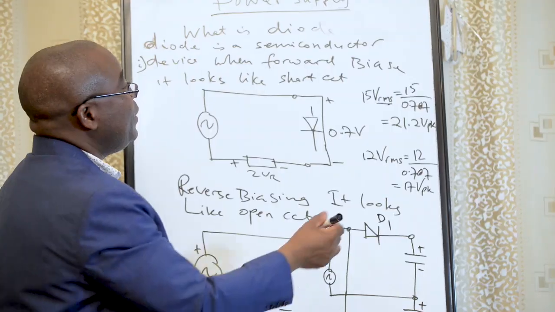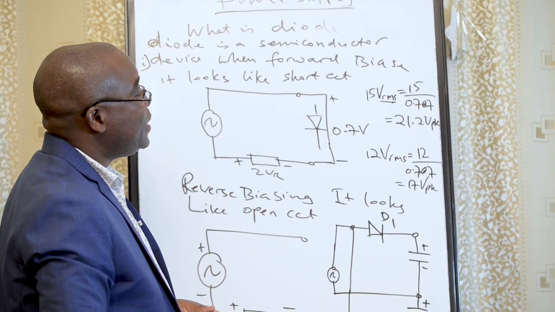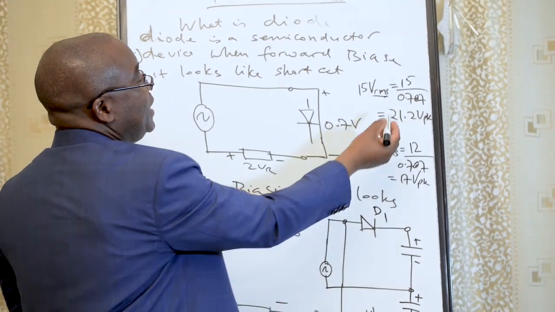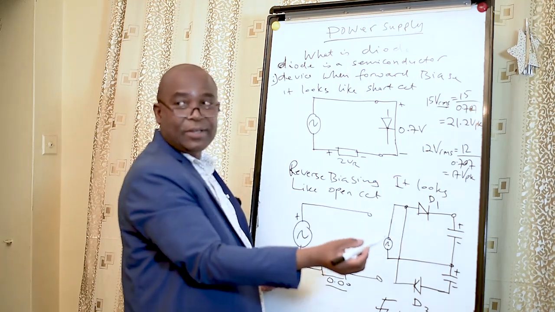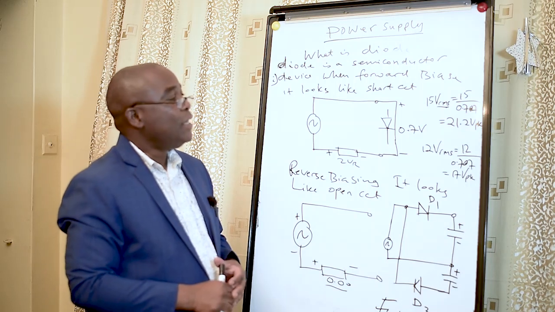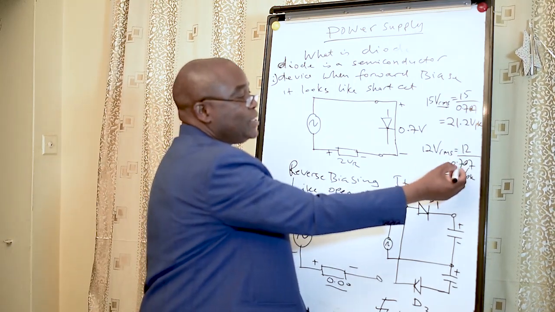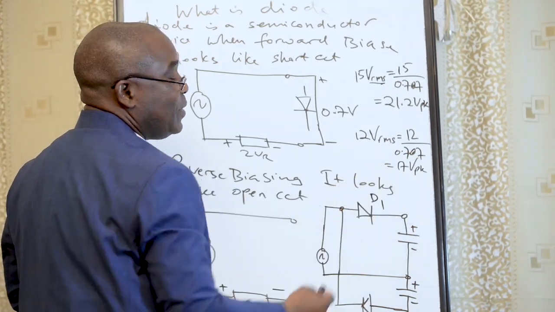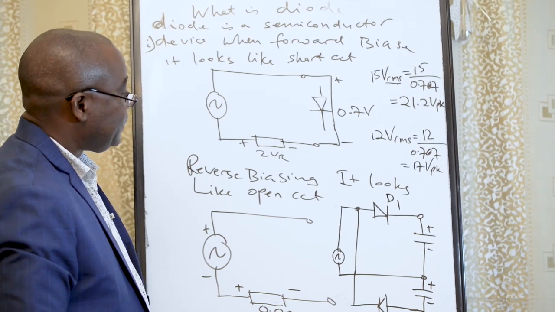For example, if you have 15 volts root mean square and you want to get the peak voltage, you divide by 0.707. For instance, if you have 12 volts root mean square, you divide 12 by 0.707, then you get 17 volts peak.